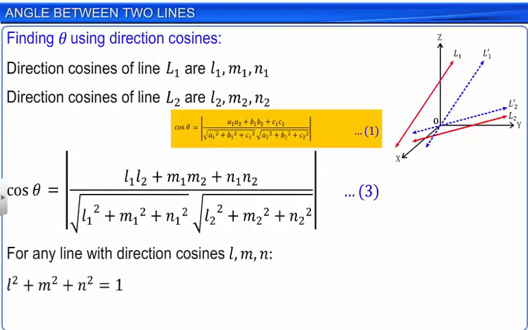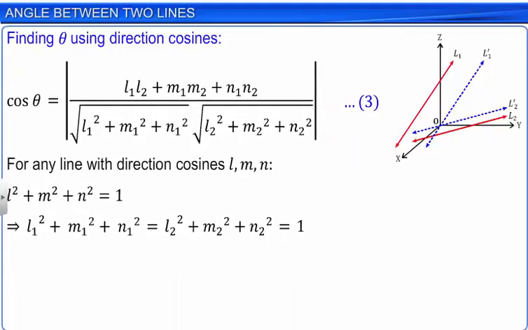Thus, the terms in the denominator of the right-hand side in equation 3 are reduced to 1. Equation 4 gives us the equation for the cosine of angle theta between lines L1 and L2 in terms of their direction cosines.